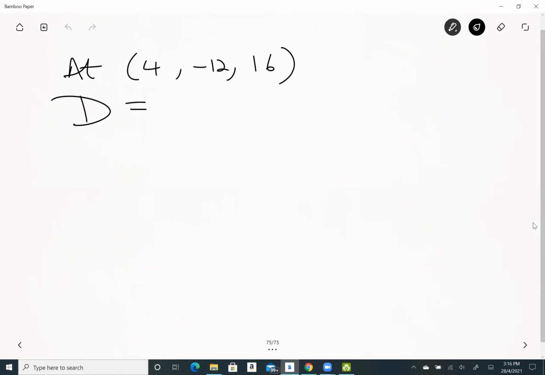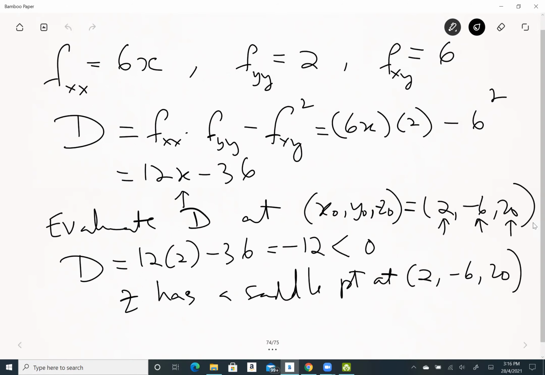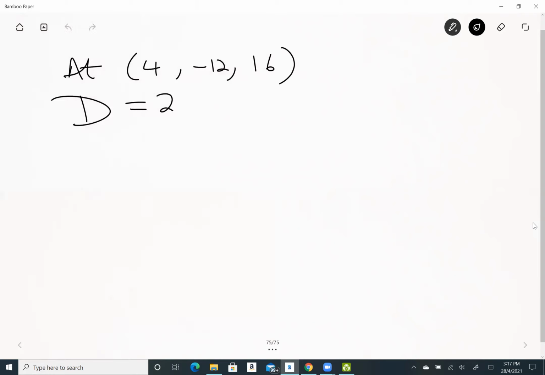Substitute the value 4. 12 multiplied by 4 minus fxy, which is 6 squared. All right. So you got 12. And that 12 is bigger than 0.